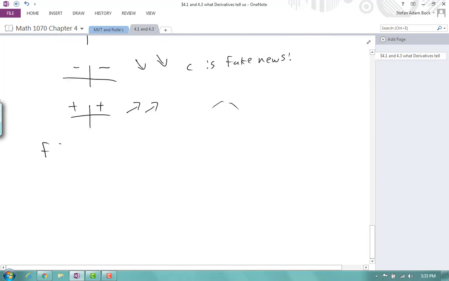My function is x cubed minus x squared minus x, and I want to find the maximums and minimums, or the maxima and minima. So I'll take the first derivative and try to find the critical points.